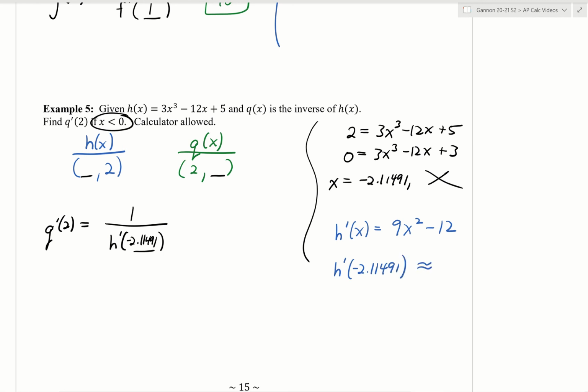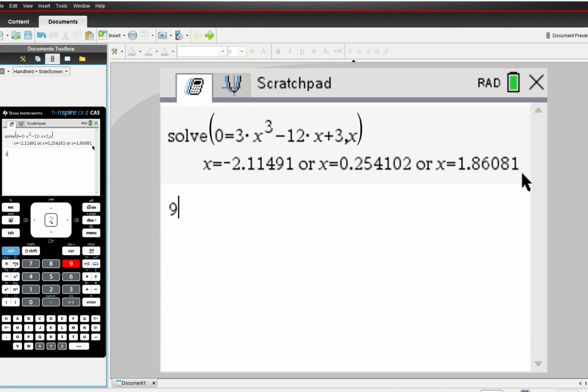And we can plug that in our calculator. So 9 times negative 2.11491 squared, and then minus 12.